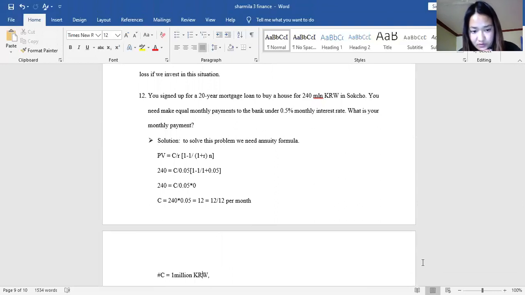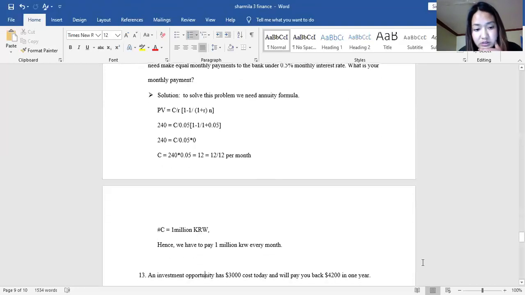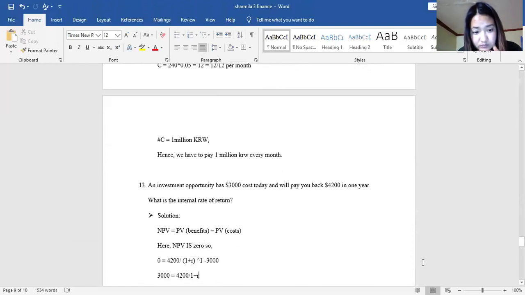That is 240 multiplied by 0.05, which is 12, so it equals 12 per month. The monthly payment is 1 million Korean won.